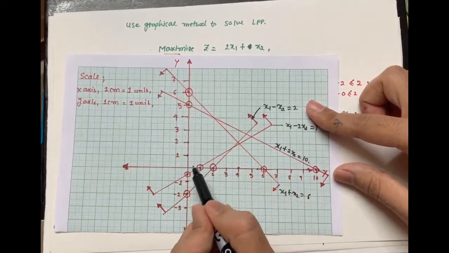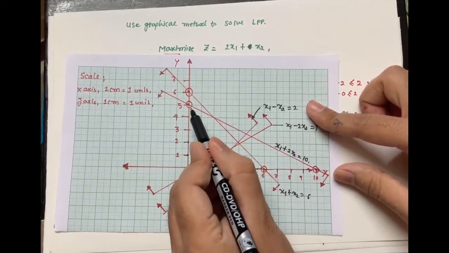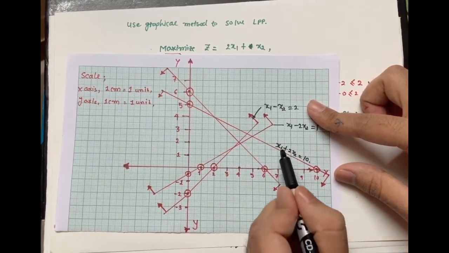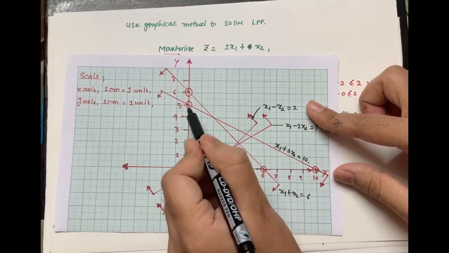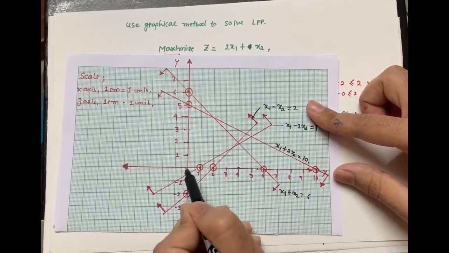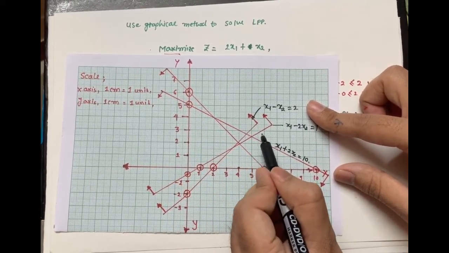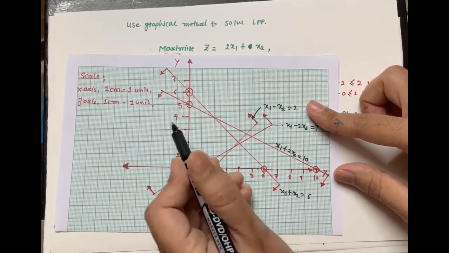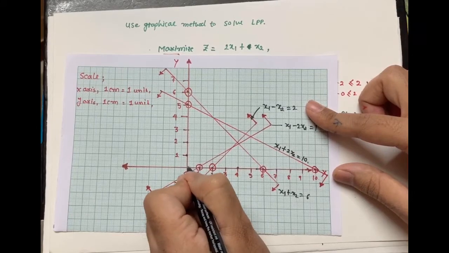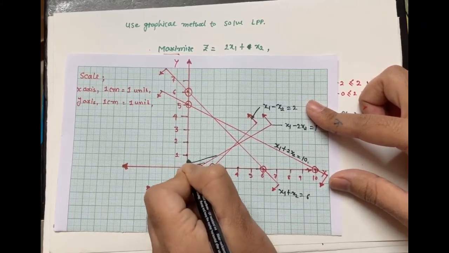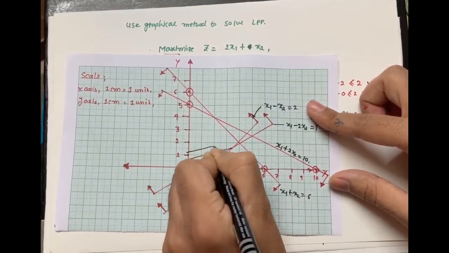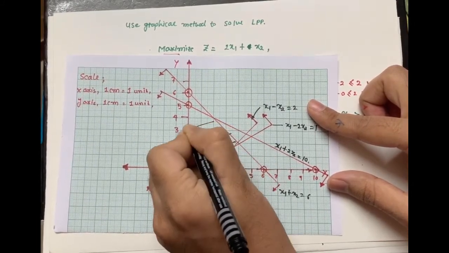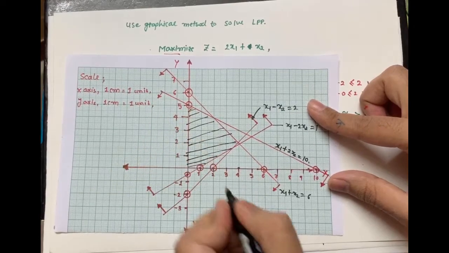For the second one, this is the feasible region. So the common region for these two lines, x1 plus x2 equals 6 and x1 plus 2x2 equals 10, is this. Now if I consider these two lines, the common feasible region is this much. If I draw them using a hatch line, this is the common feasible region.